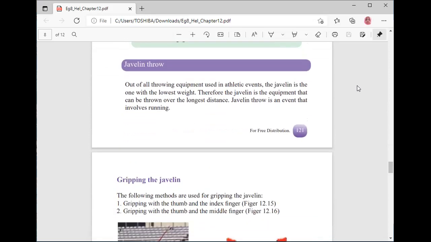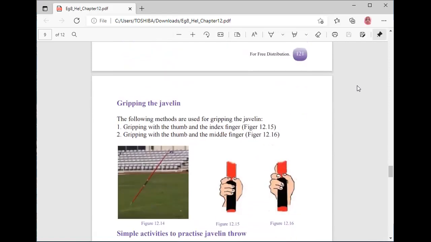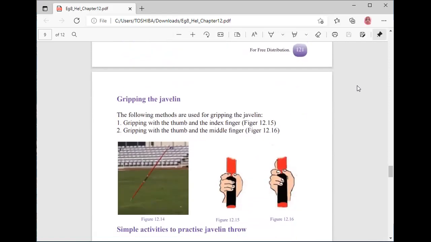We'll see the other one, javelin throw. Out of all throwing equipment used in athletic events, the javelin is the one with the lowest weight. Therefore, the javelin is the equipment that can be thrown over the longest distance. Javelin throw is an event that involves running and gripping the javelin.